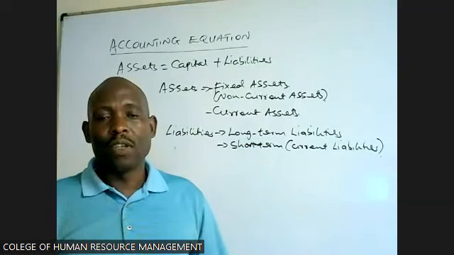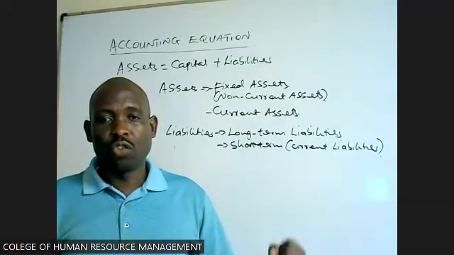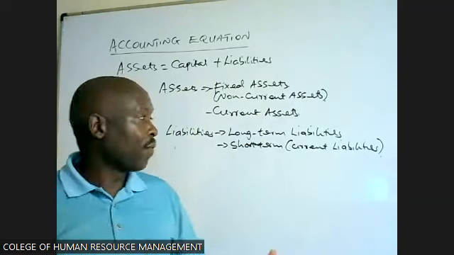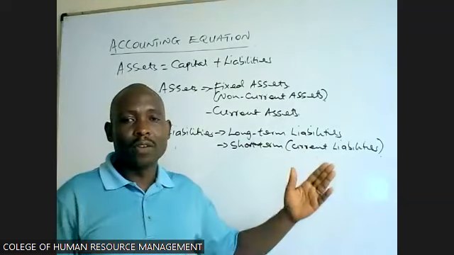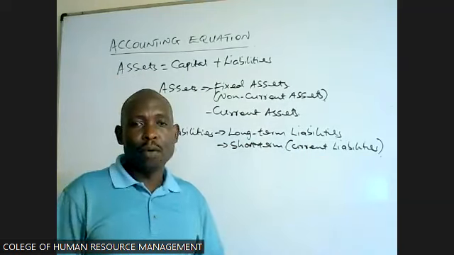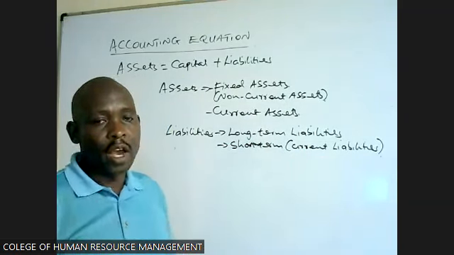You are going to have things like the bonds and all that. Those financial instruments that you can raise money from and you pay after a long period of time are known as the long-term liabilities. Those obligations that are going to be payable for a considerably long period of time beyond 1 financial year.